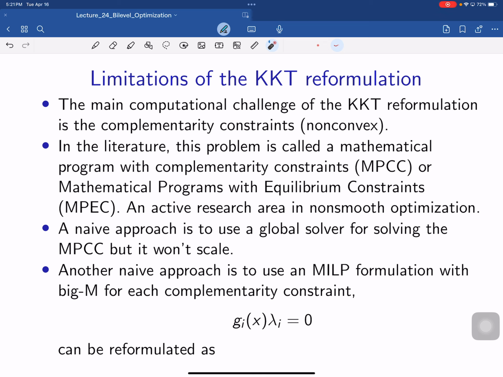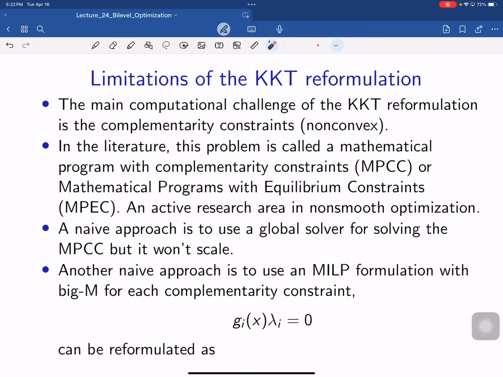This is a very active research area in so-called non-smooth optimization. There are some tailored techniques to solve those problems with complementarity constraints. We are not going into the details of non-smooth optimization and complementarity constraints. We'll just talk about two very naive approaches to deal with complementarity constraints.